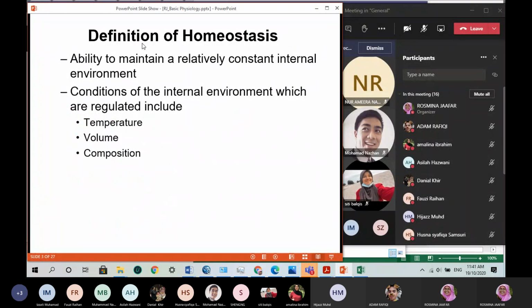The definition of homeostasis is the ability to maintain a relatively constant internal environment. The conditions of the internal environment which are regulated include the temperature, the fluid volume, blood volume, and the composition of the body structure, the cells, the tissues, and so on.